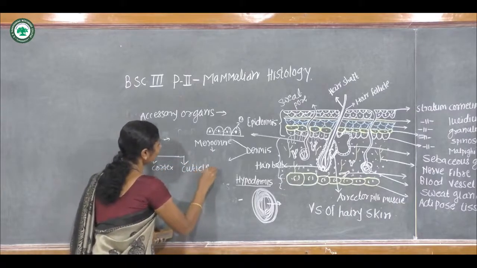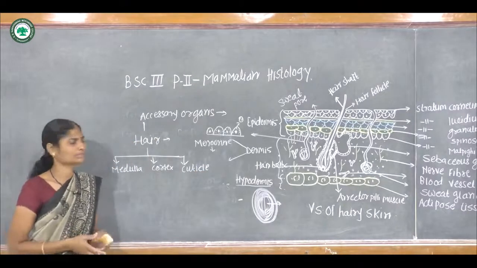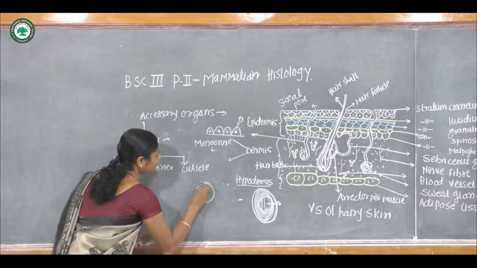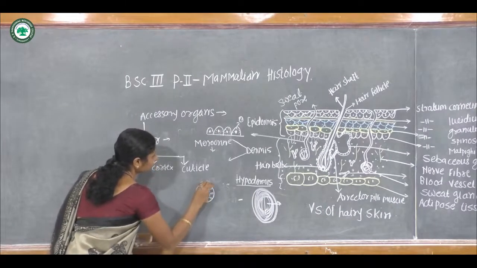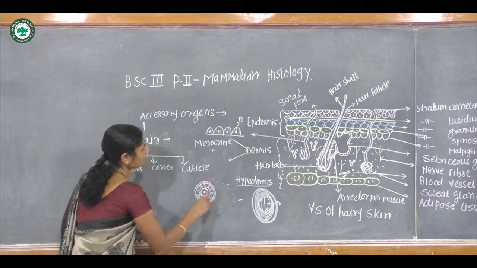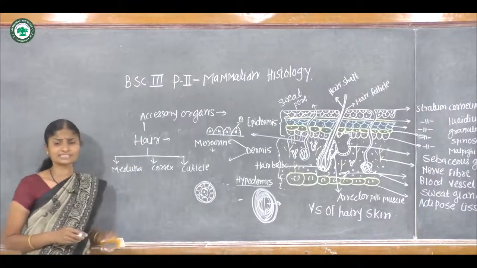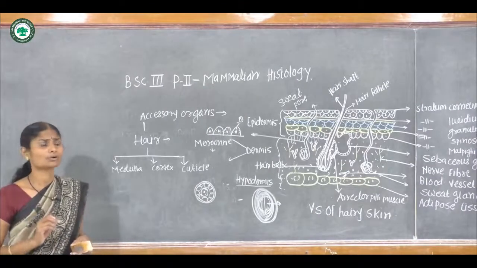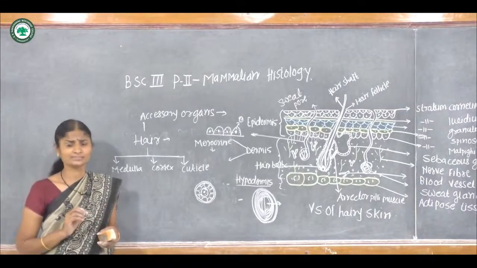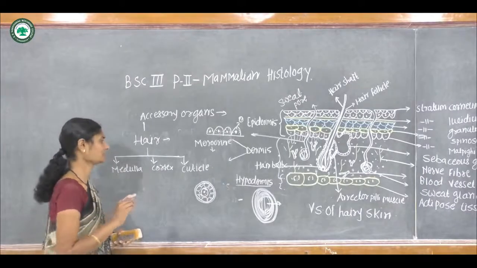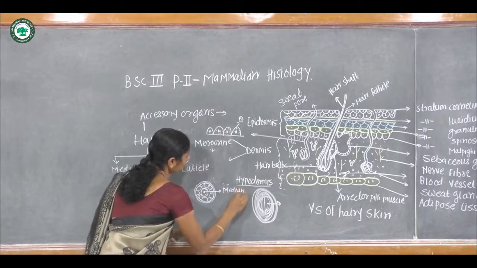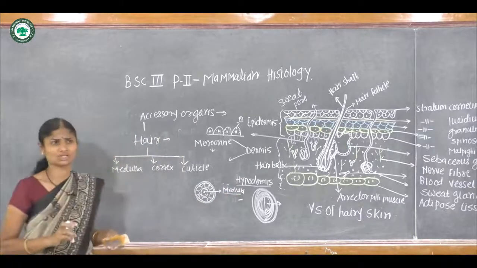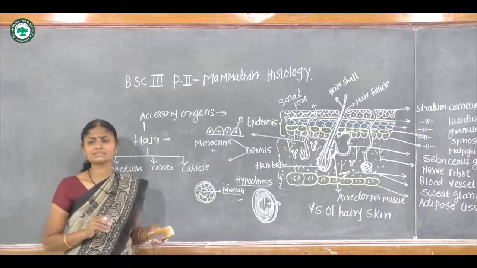In the center is the medulla, then the cortex, and the surrounding outer layer is the cuticle. The medulla is a honeycomb-like structure containing keratin, and air space is present inside this central portion.